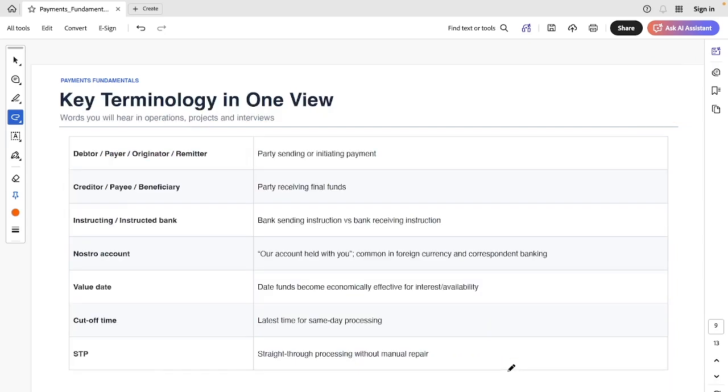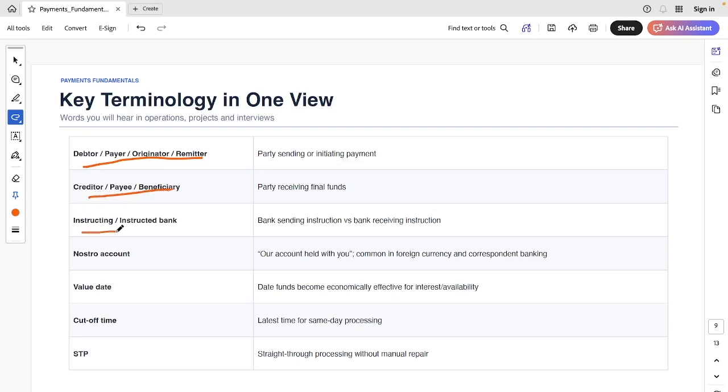Before we go further, let's quickly decode the key terminology you will hear again and again. This is your payment vocabulary sheet. You will see the debtor, payer, originator, and remitter usually refer to the party sending or initiating the payment. Creditor, payee, beneficiary refer to the party receiving the funds. So these are actually the same person with different names.